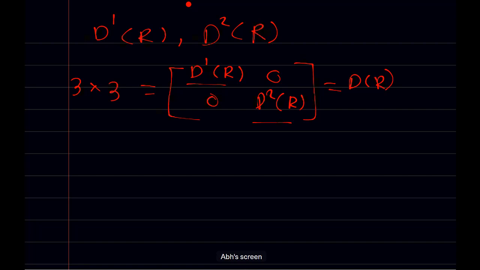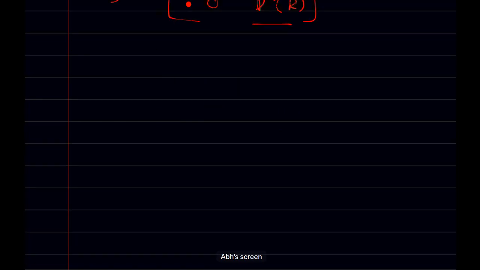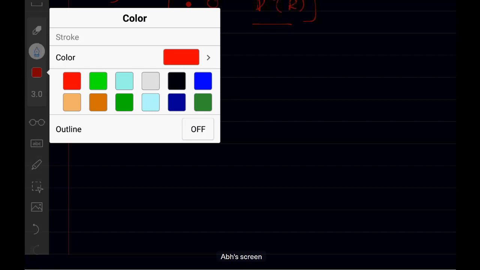And I want to give you an example in two dimensions. So let's do an example, that would be better. This example is going to remind us about the old concepts also.